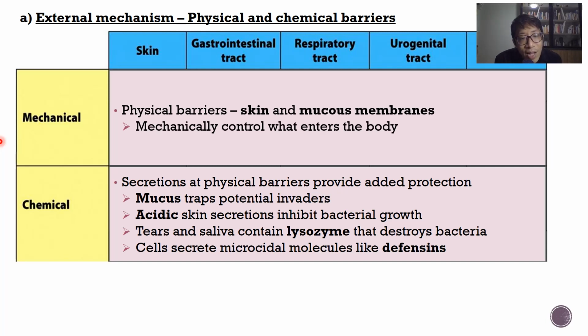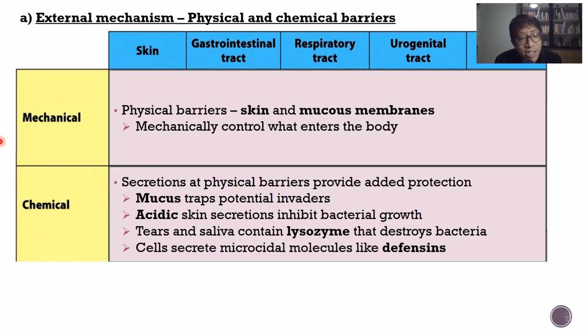Some other chemicals are enzymes, like lysozyme in our tears and saliva, that can destroy bacteria. If you remember the bacterial topic, lysozyme can break down the peptidoglycan cell wall of the bacteria.